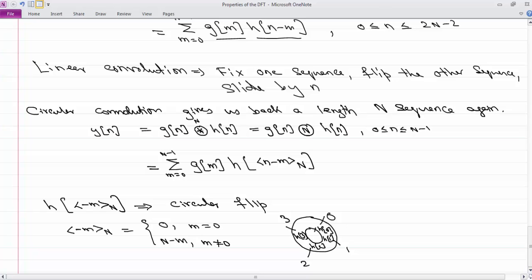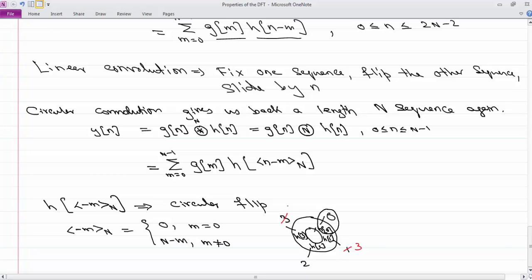Okay, circular flip basically says that you fix the value at h0 just like in the linear case, but now you change the order of the rest of the indices. So it will be easier for me to actually do it this way, that I make this index now 3.